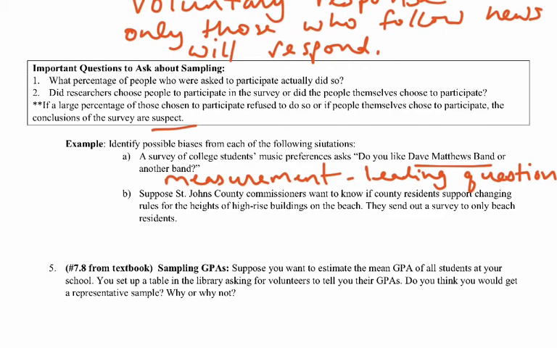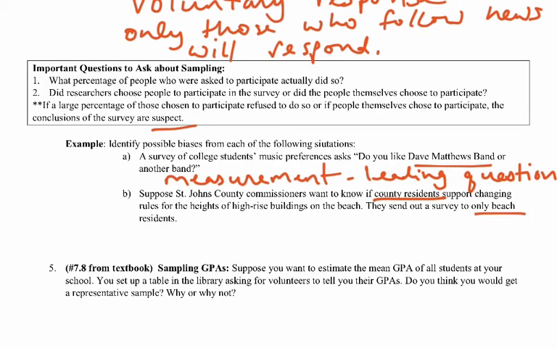The next example: suppose St. Johns County commissioners want to know if county residents support changing rules for the heights of high-rise buildings on the beach. Think about who they're interested in finding information about: county residents' opinion of changing the rules for high-rise buildings on the beach. So what do they do? They send out a survey only to beach residents.